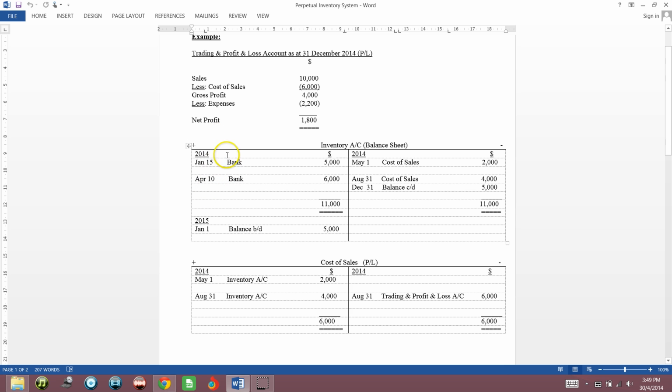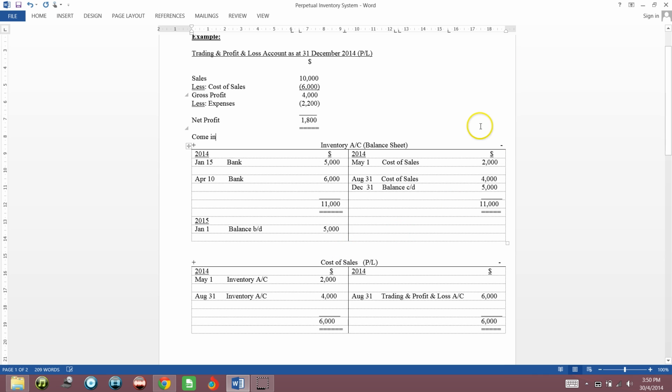That means when the stock comes in, I will put it on this left side, the debit side. If the stock goes out, I will put it on the credit side. So this side is the stock coming in, that means the inventory coming in.